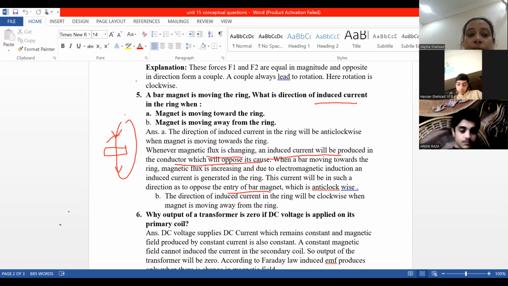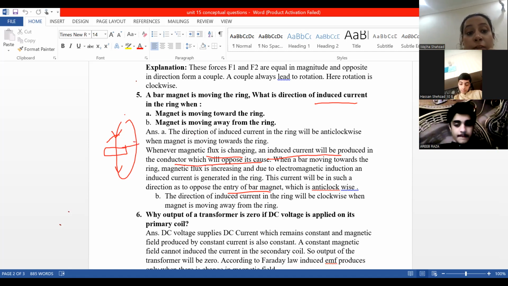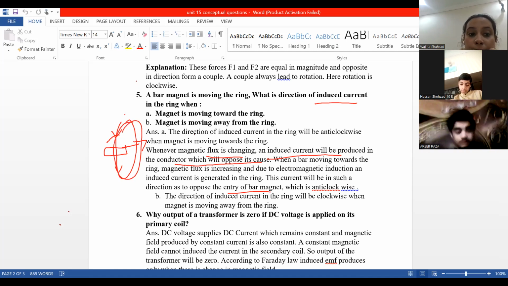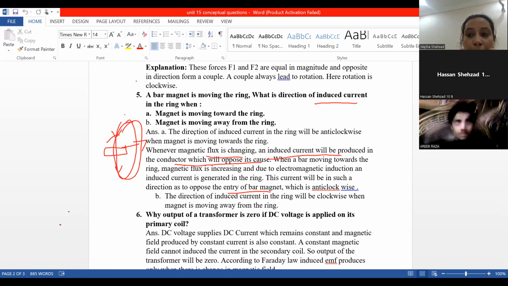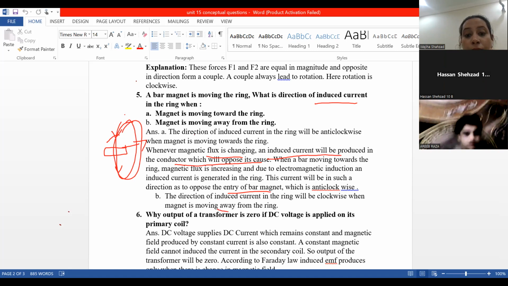Why are we saying that induced current has an anti-clockwise direction? Because this bar magnet is producing magnetic lines, and this ring is also producing magnetic lines. When both are producing magnetic lines, it means they will repel each other, so the direction will be anti-clockwise, right? The direction of the induced current in the ring will be clockwise when the magnet is moving away from the ring.